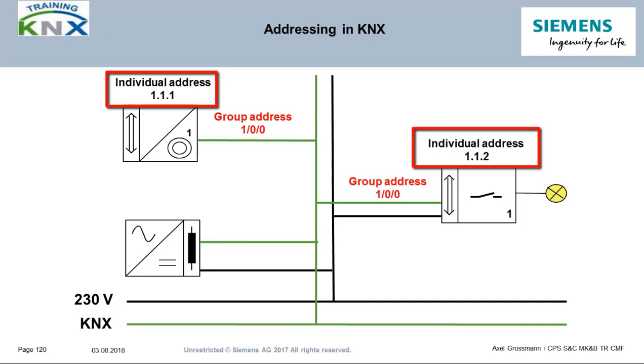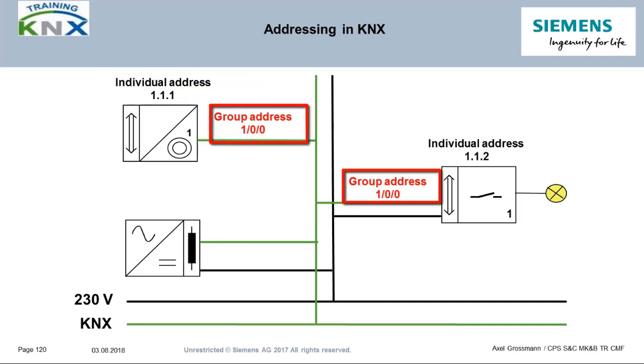For the function switching, a group address is created. For this example, the 3-level annotation has been chosen. Later, we will learn 2 more formats, but in all 3 cases, the group address is 16-bit long. To distinguish it from the individual addresses, we use the delimiter / between the 3 figures.